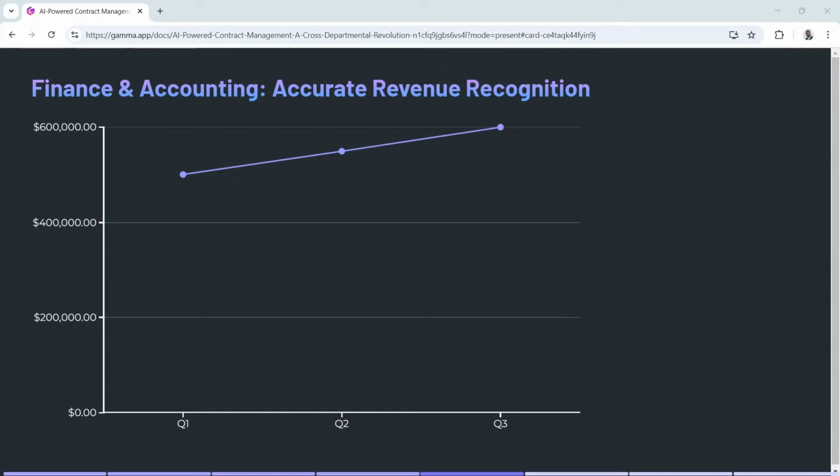Now, this one, I really can't put a lot of weight on as far as finance.